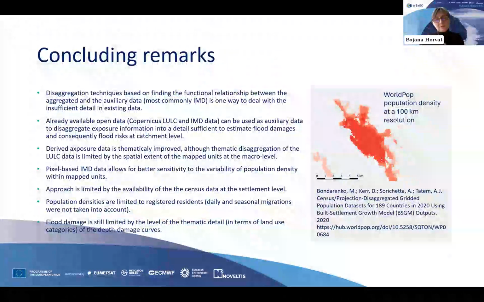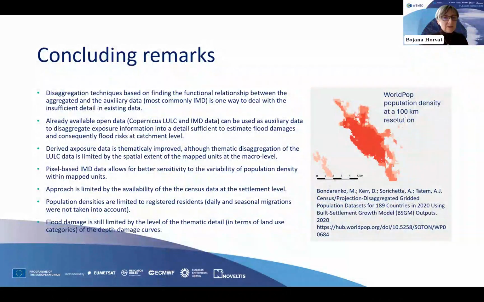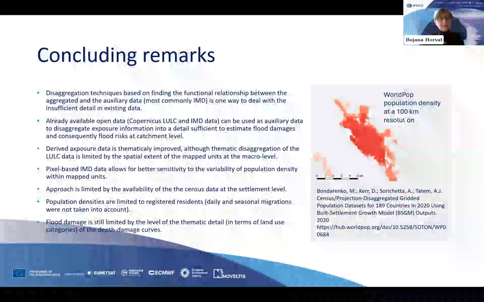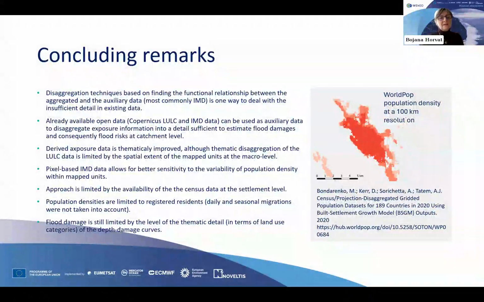Just to conclude this short presentation, we established that this disaggregation technique that we based on functional relationship between the aggregated and auxiliary data, in this case IMD, is one way of dealing with lacking data that has no sufficient thematical and spatial detail.